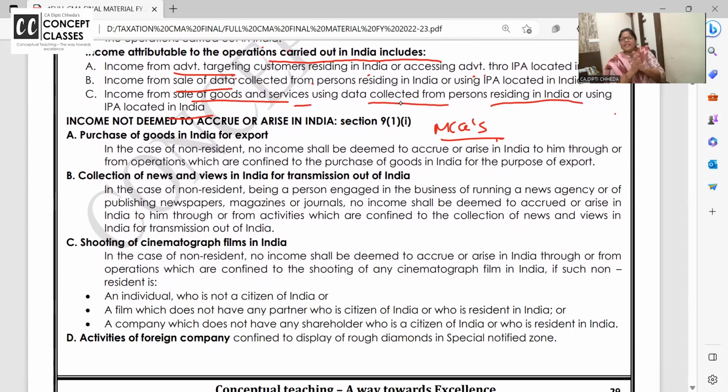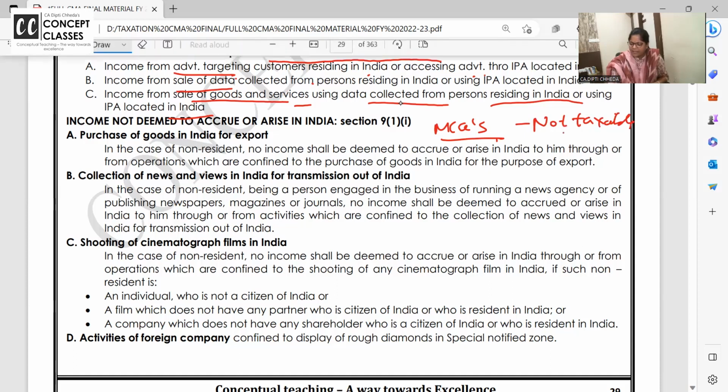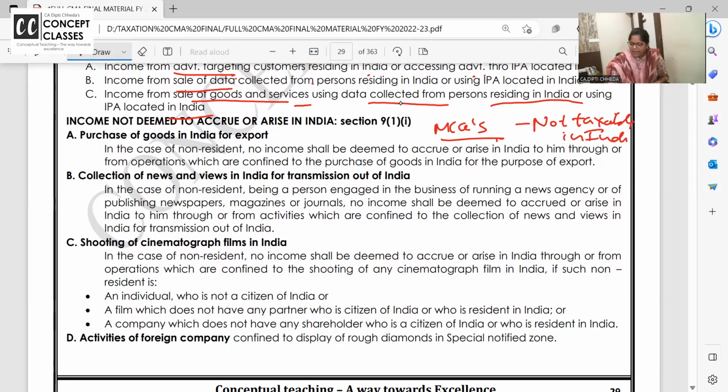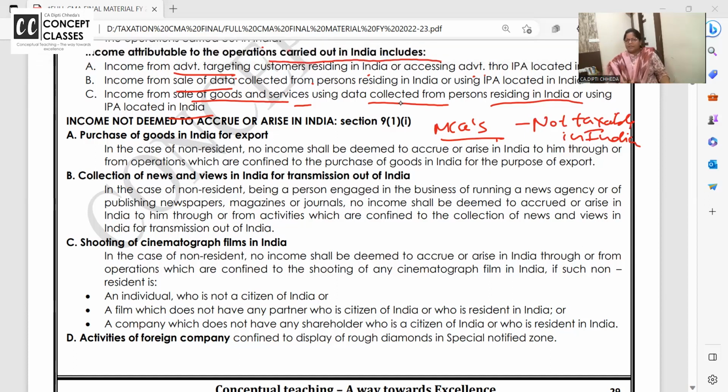The following incomes are not deemed to accrue or arise in India, so surely they are not going to be taxable in India. I want all of you to write here, not taxable in India. You have written it.